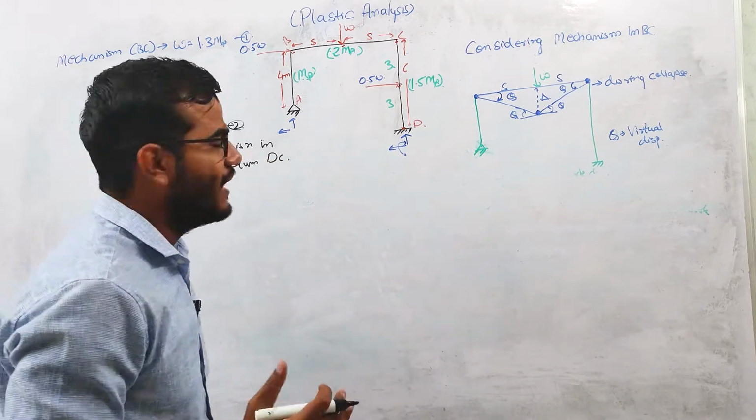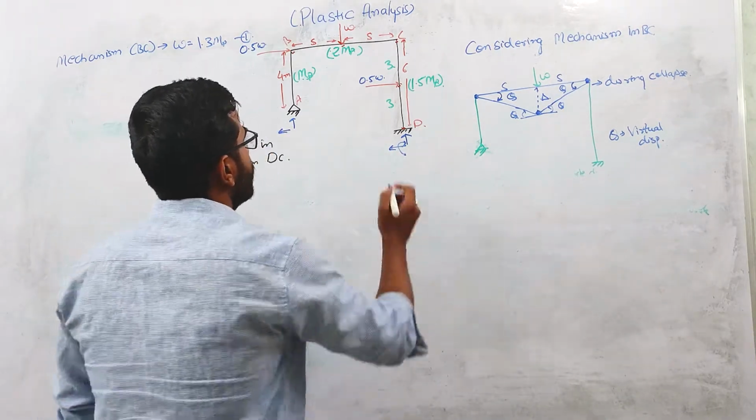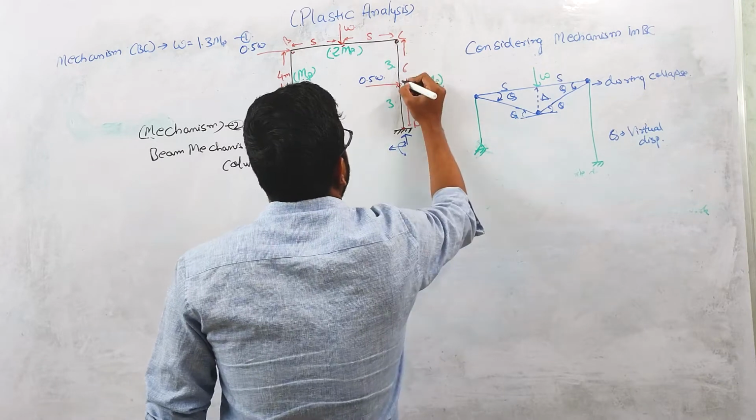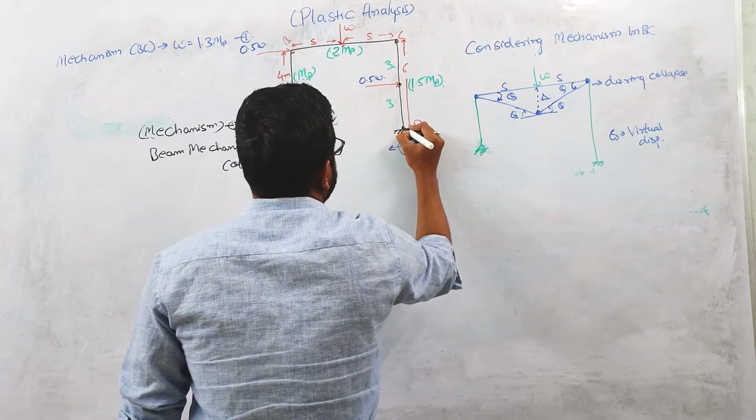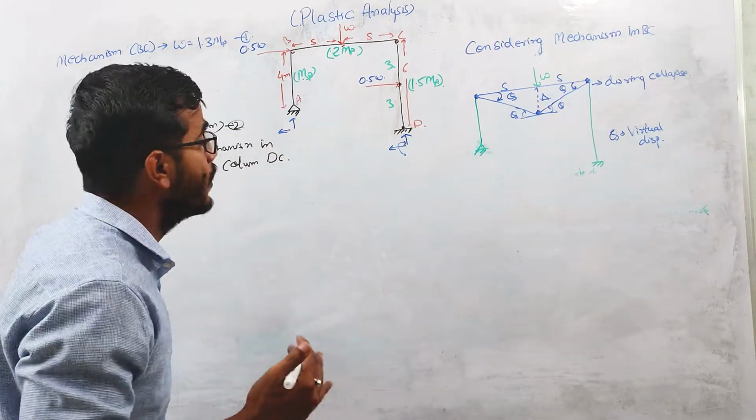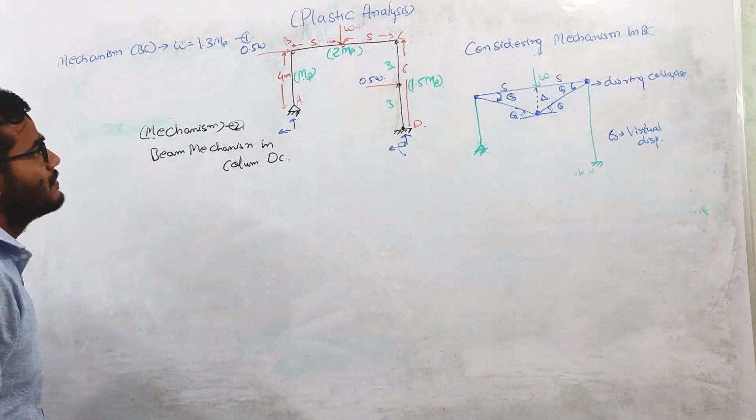When you are saying that mechanism is taking place in this column, the plastic hinge will form at this point C, at the location of the point load, and at this support, because these are the points of peak bending moments, right?